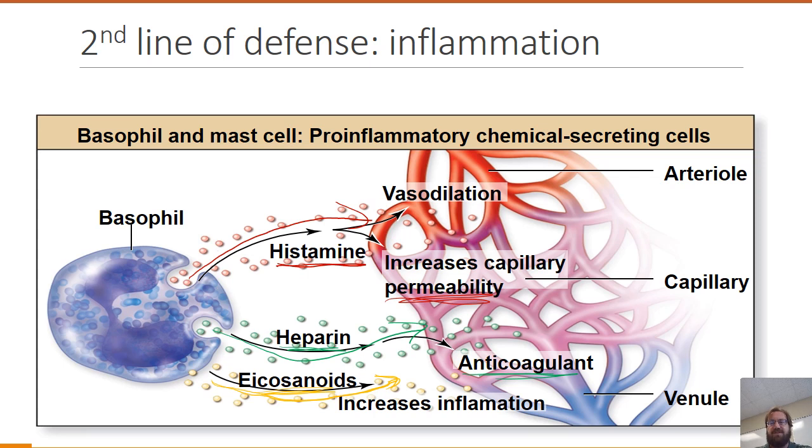However, they do have a side effect. They cause pain. Eicosanoids set off your pain nerves like nothing else, and you have this problem of tissue pain coming along with the rest of the cleanup operation, which is why a lot of your anti-inflammatory drugs are actually anti-eicosanoids or anti-prostaglandins.